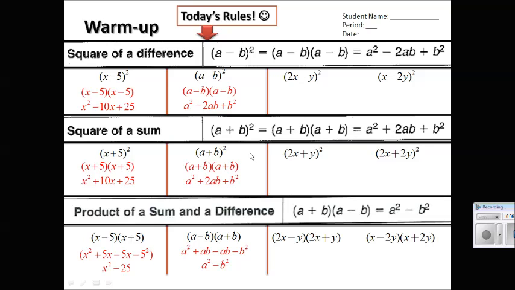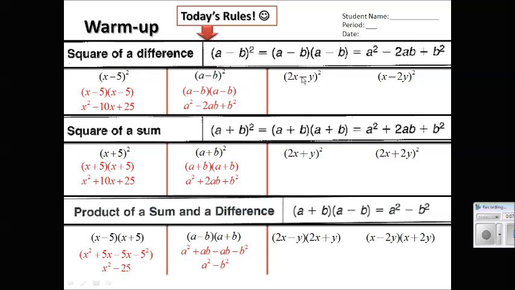Now let's see if we can memorize these rules and use them on this side. So you need to memorize these 3 rules. That's all you have to do today. And then see if you can apply it. So let's look at this problem. What would relate to the a? 2x. What would relate to the b? The y. And this is a difference.